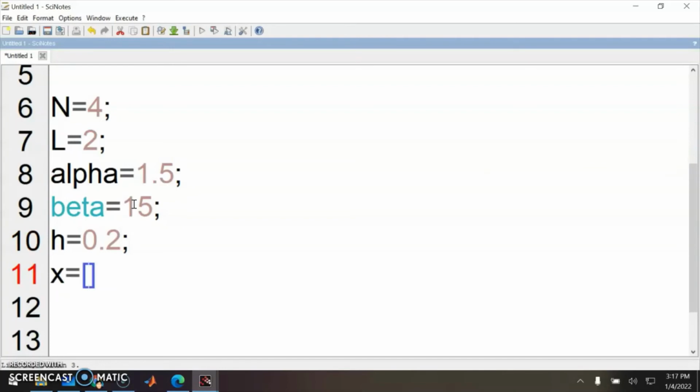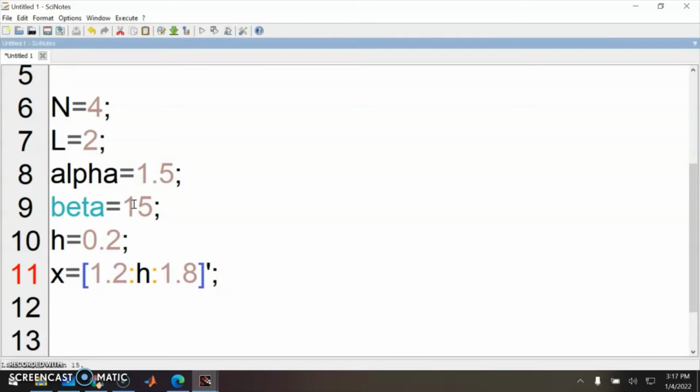My x is the rest of the grid points with an increment of 0.2 up to 1.8, and make sure it's in transpose, so it's a column vector.